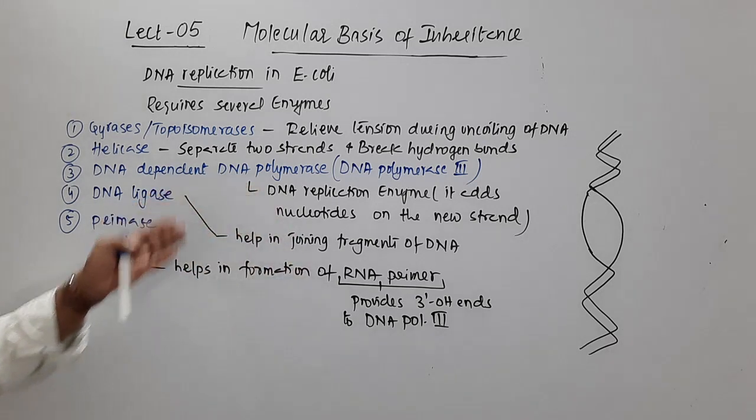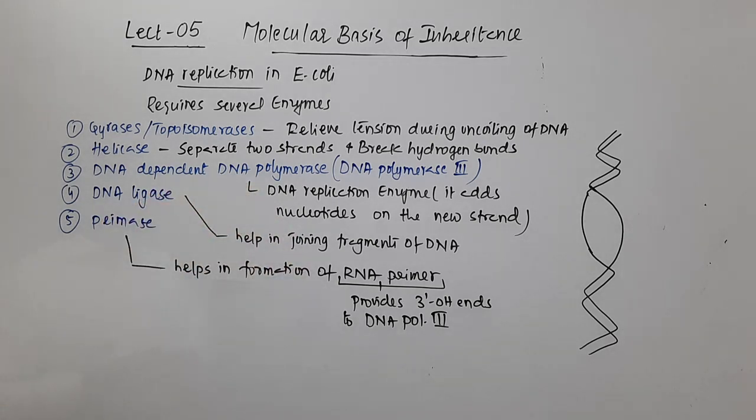So that's mainly the functions of the enzymes which I'm going to discuss in the replication of DNA in E. coli bacteria. So these are the enzymes, and I have mentioned their functions.